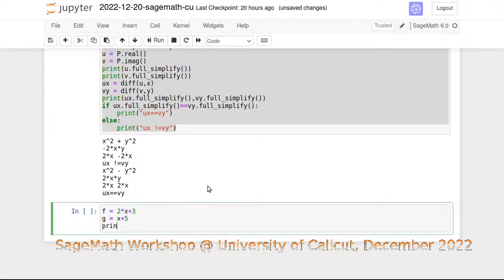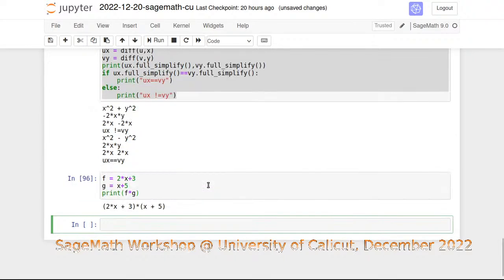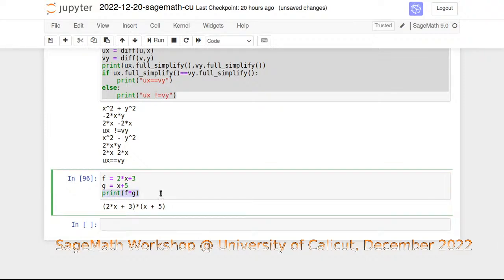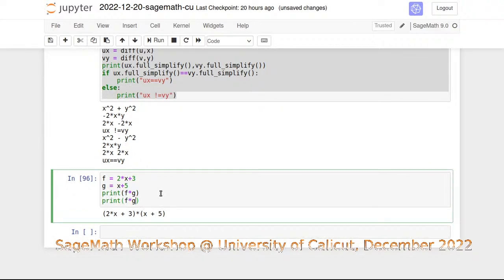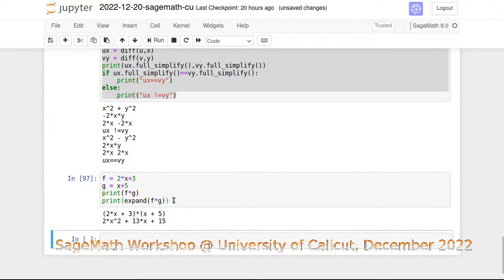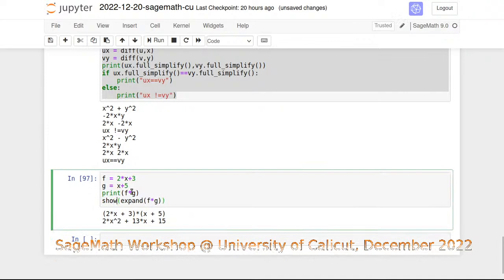So we don't know what this f star g is going to be. F star g is simply shown like this. This is not actually what we expected. We expected it to expand completely. So to get that expansion, we can try to expand it, and even show.